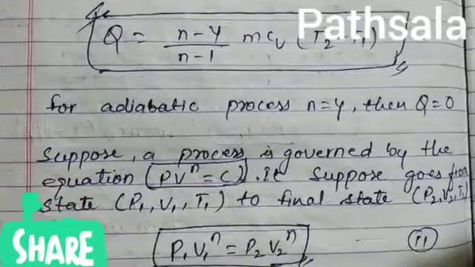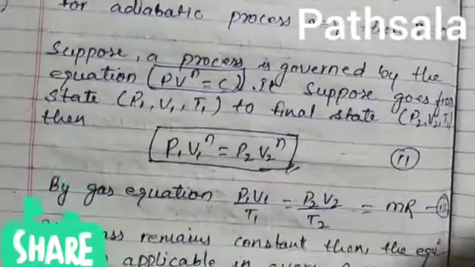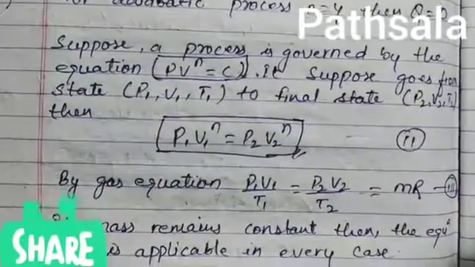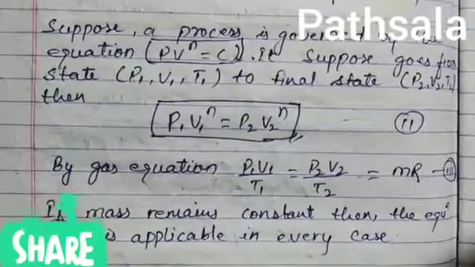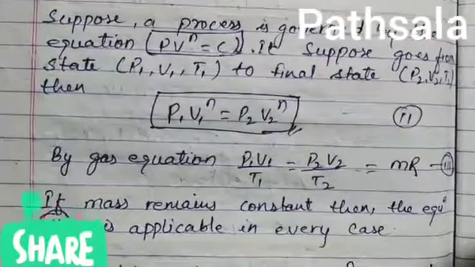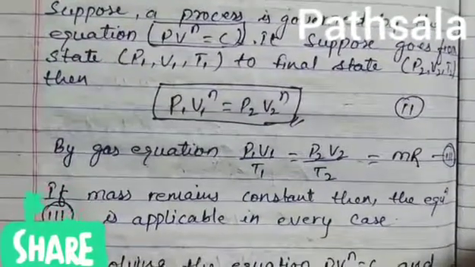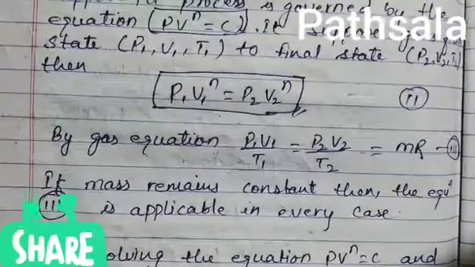For the adiabatic process, n is equal to gamma, then Q is equal to 0. Suppose a process is governed by the equation PV to the power n is equal to C. It goes from state P1 V1 T1 to final state P2 V2 T2. Then P1 V1 to the power n is equal to P2 V2 to the power n.